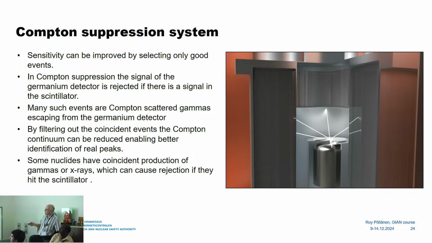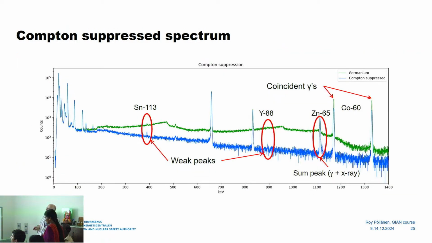But let's see the effect. The effect is this one. The green one is the normal or standard gamma spectrum. And if we reject those events when there is a signal in the scintillation detectors, then the background is lower.